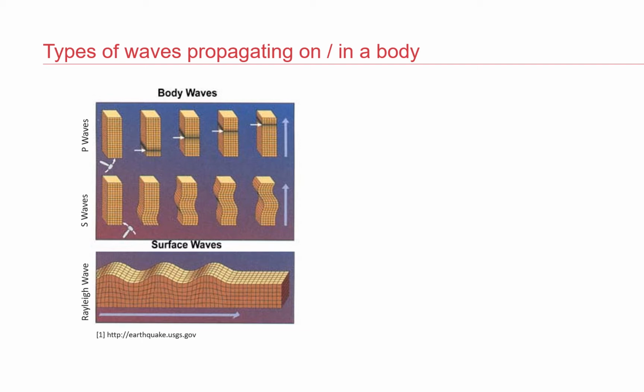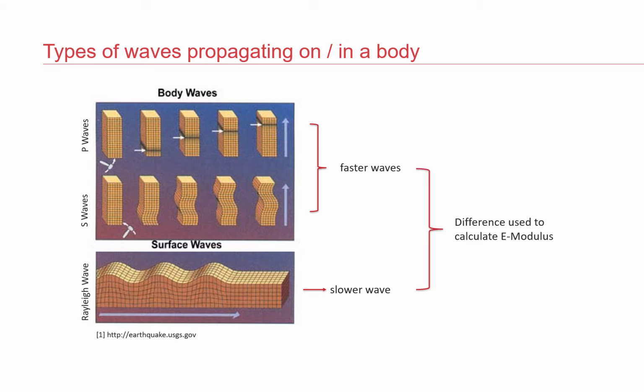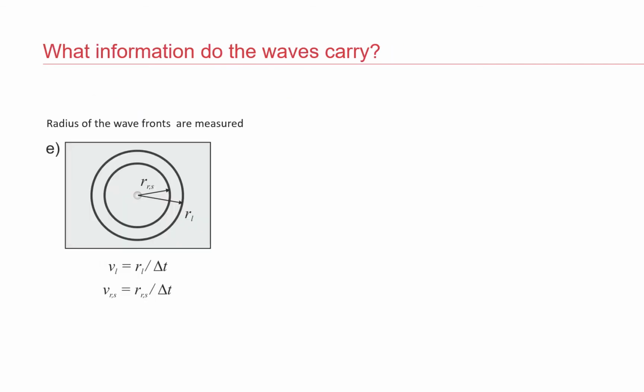And second, there are the surface waves, and in bodies with definite endings, there may only appear the Rayleigh waves. Now that the two types of waves, body and surface, travel at different speeds and therefore occur at different times, they can be used to measure and calculate back on the elastic properties of the media, which is shown on the next slide.